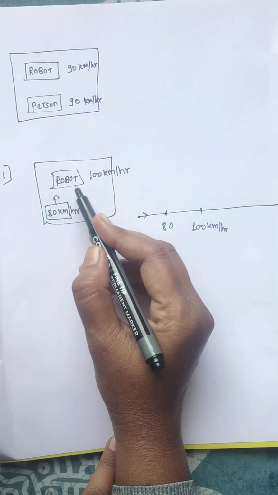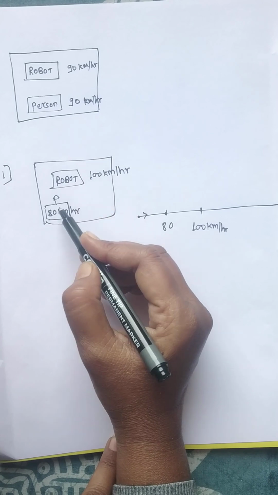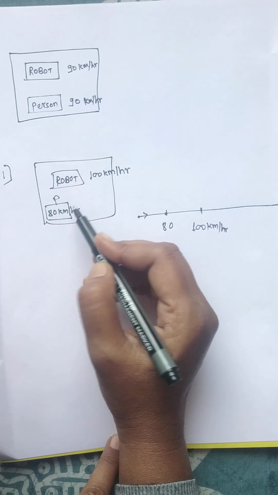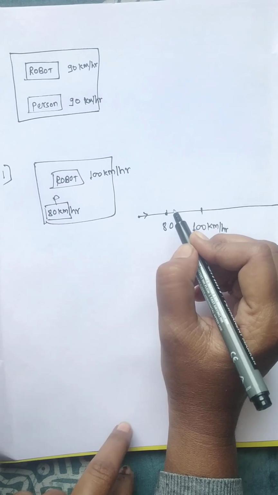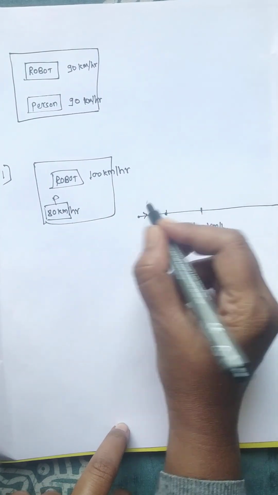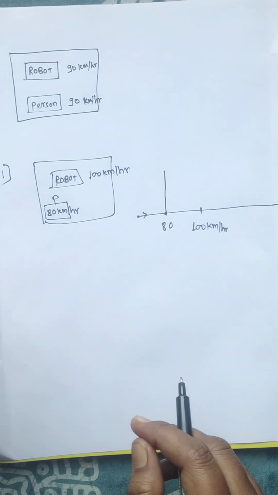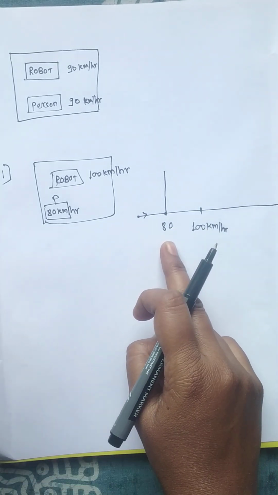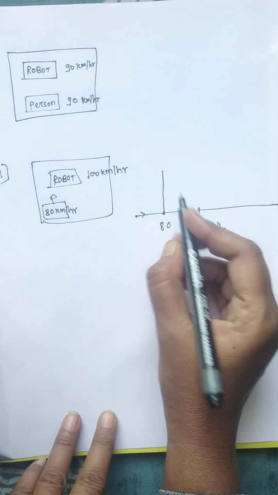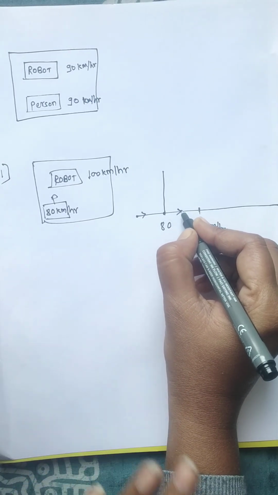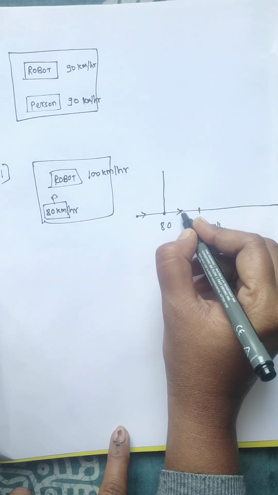So now it starts capturing, detecting, and tracking the person. At what speed has the robot started capturing and tracking that person? At 80 kilometer per hour. After that, if the person makes his speed 90, the robot will make its speed 90.